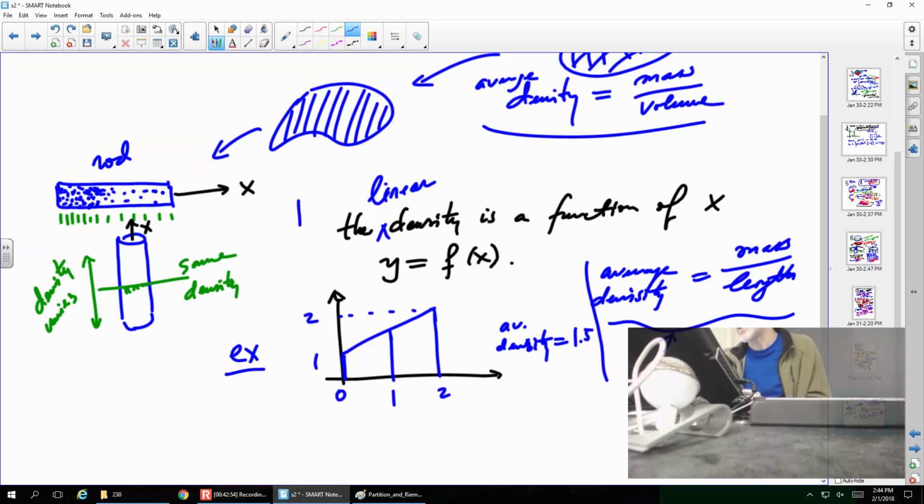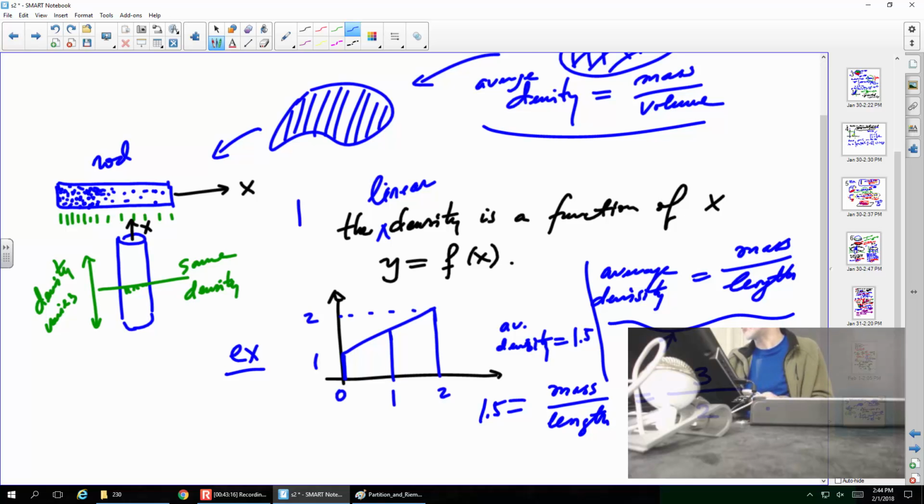So 1.5, the length is 2, right? So 1.5 is equal to mass over length, with length equal to 2. So the mass is what? 3. Okay.